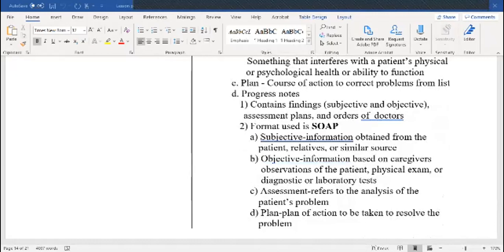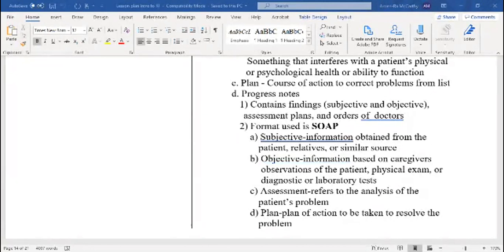We get the subjective information obtained by the patient or the relative, right? Then the objective information is based on the caregivers, like me. Somebody's taking care of them. The physical exam, when we actually do a physical exam, do some diagnostic or x-rays or other laboratory tests, that gives us objective information, okay? That's the difference between subjective and objective.